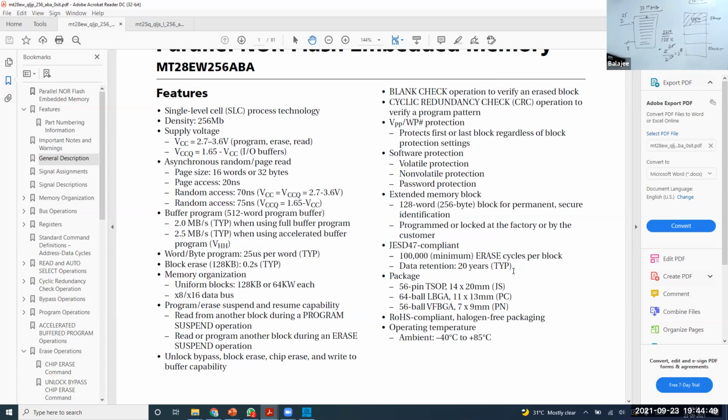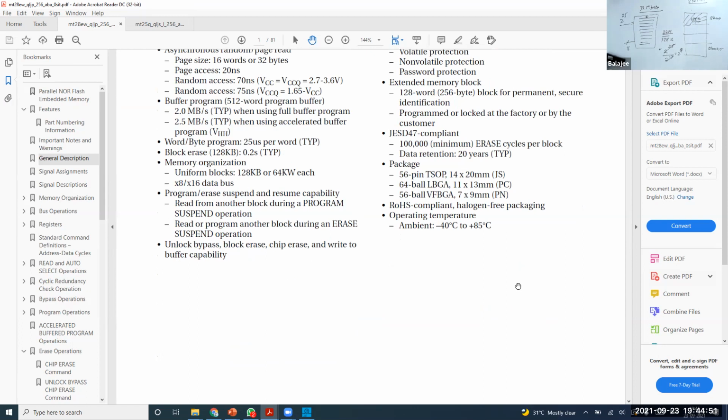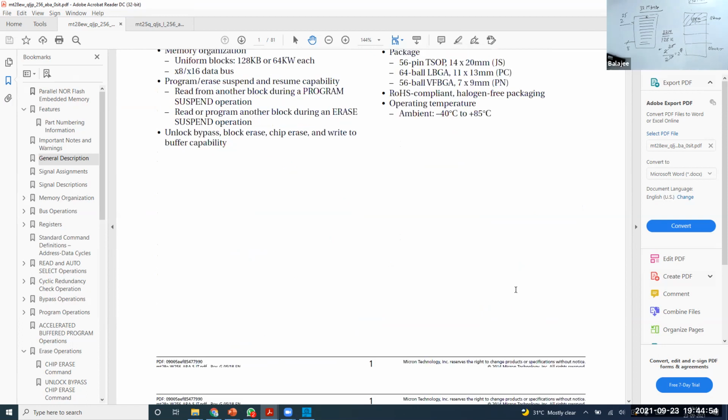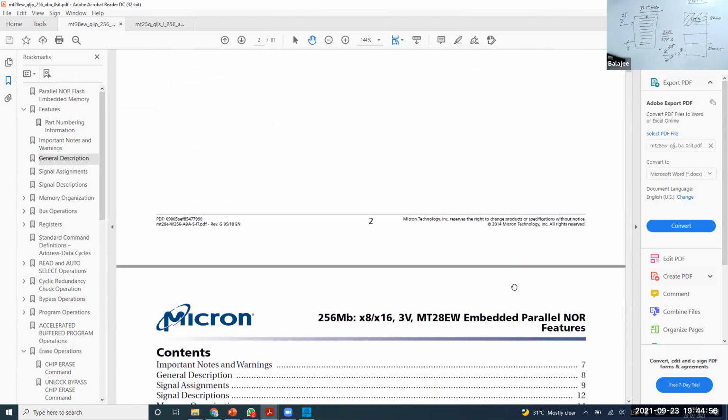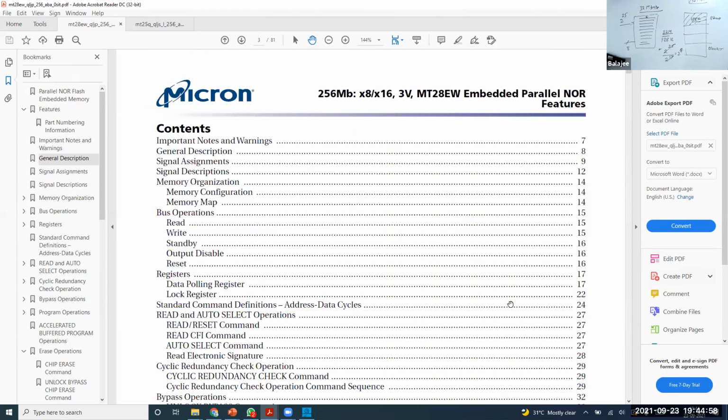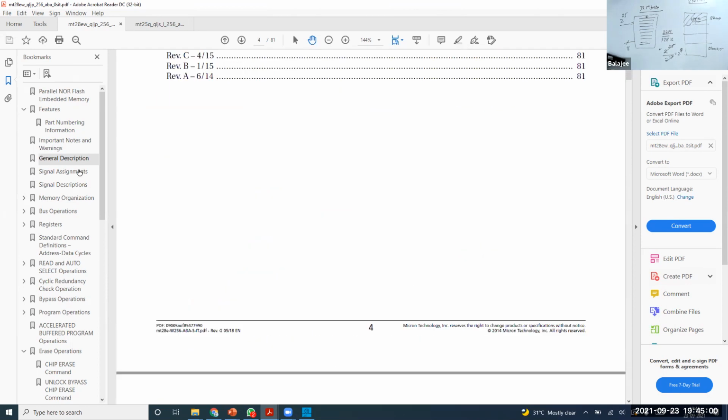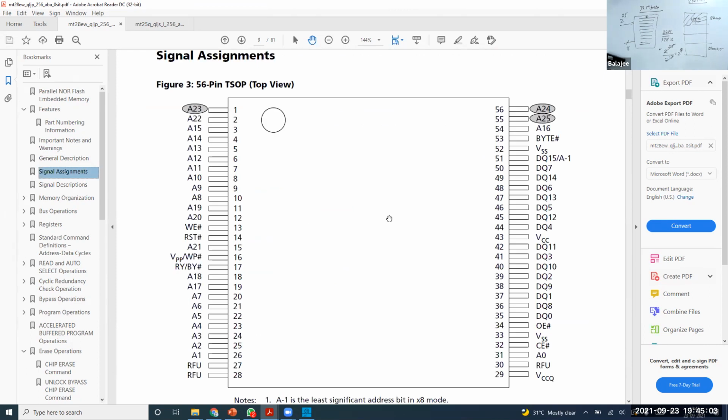And let us see the size and addresses. Let's see the block diagram, chip port, signal assignment. You see here, A0, A1, A2, A3, A4, A5, A6, A7, A8, like that, all the address lines, A17, A18, A19, 20, 21, 22, 23, 24, 25.